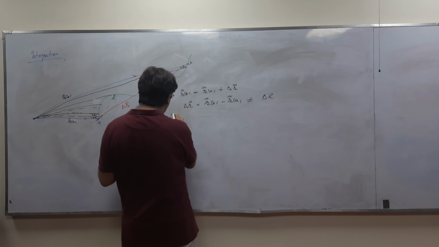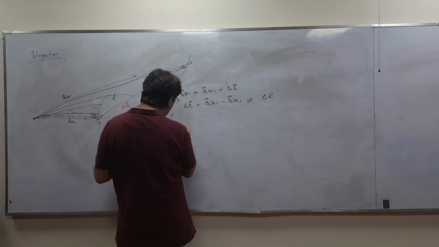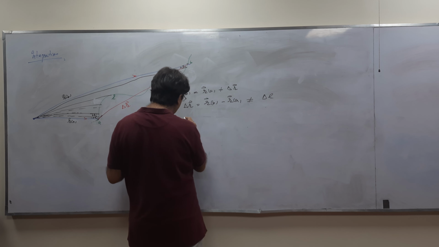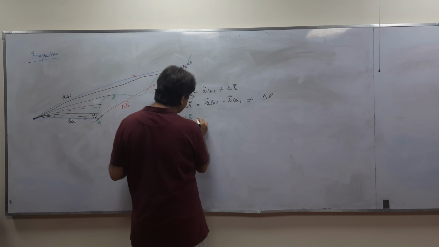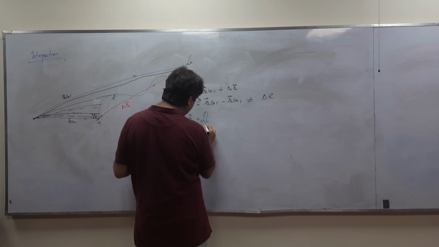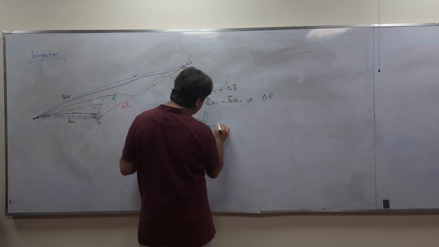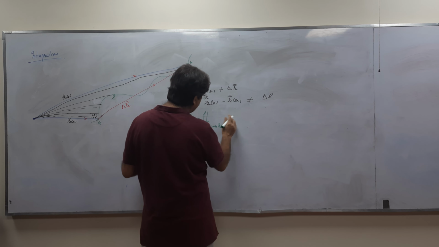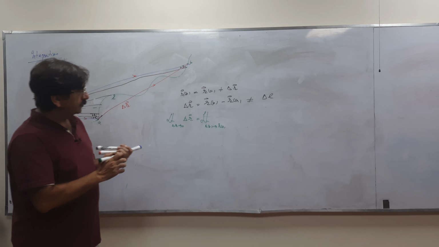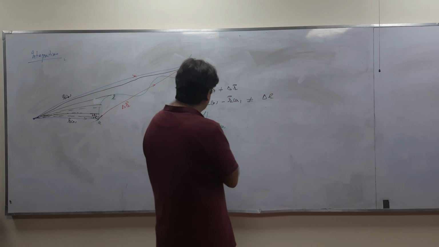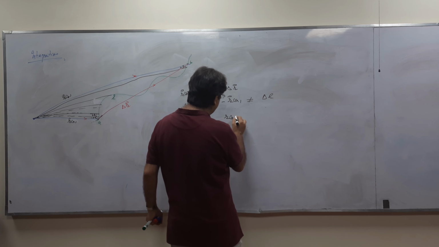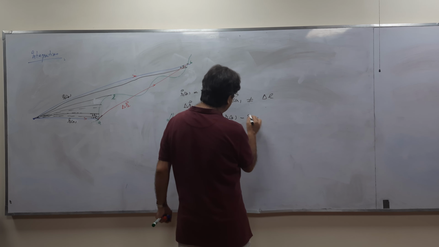But in the case of the limit where delta R approaches 0, or delta RB approaches RA, then this will be RB minus RA.